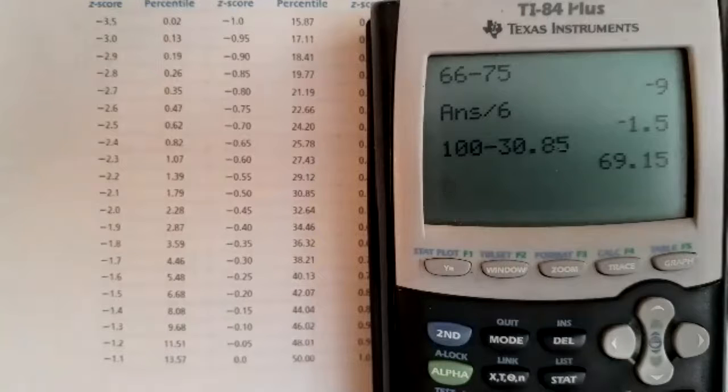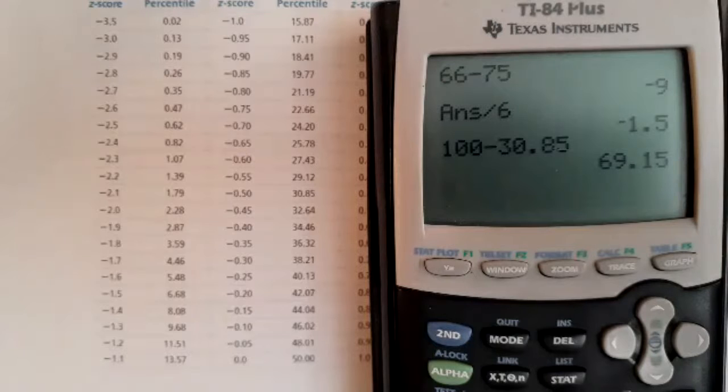That's where they're getting the 69% from. Meaning that 69% of the people are taller than her, right? Is the other way to say it, I guess.